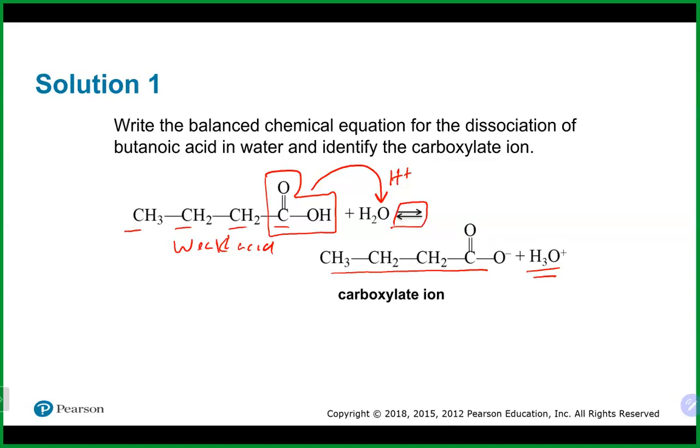It would be the same as, for example, if we took something like HF, which is a weak acid. We could show that breaking apart in solution as H plus and F minus. And it would have these reversible arrows again, because that's a weak acid.